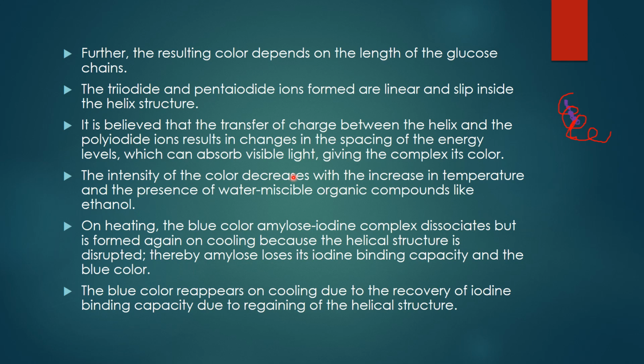In high temperature, the color will not form, or on heating, the colored polysaccharide iodine complex, this complex, dissociates. On heating, this complex with iodide, polyiodide and the helix structure will dissociate or disconnect. Because of that, the color will decrease.